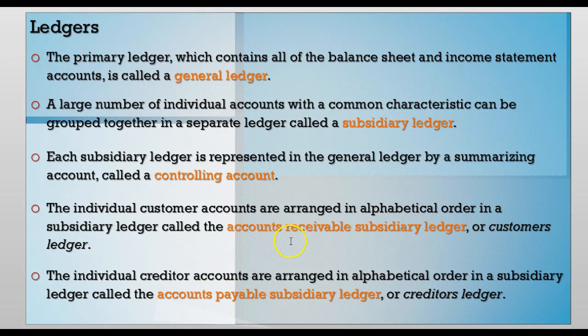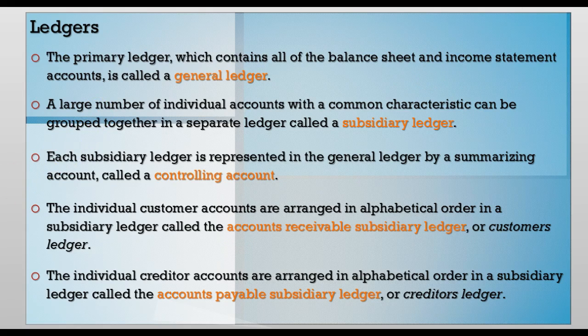The AR subsidiary ledger is a customer's ledger, and the accounts payable subsidiary ledger is the creditor's ledger, or your vendor's ledger. So those are some new terms that we're working with.